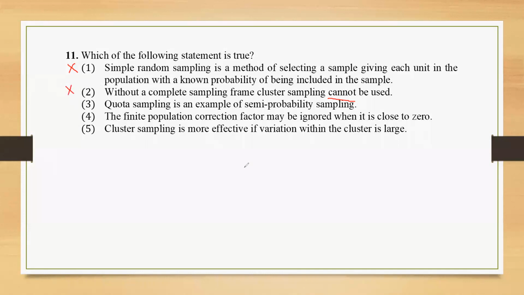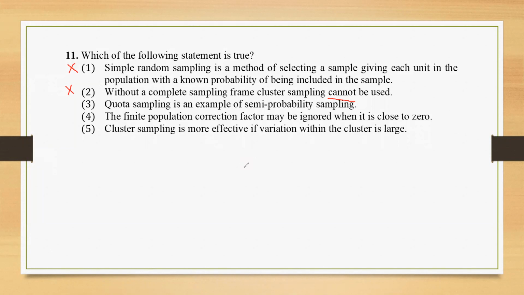Let's consider the third one. Auto sampling is an example of semi-probability sampling. So normally there is a classification of sampling techniques as probability sampling and non-probability sampling, right? Or we say random sampling and non-random sampling. There are 4 types of random sampling techniques, mainly SRS, stratified, systematic, and cluster.